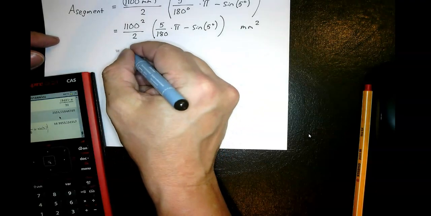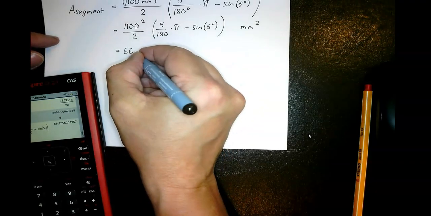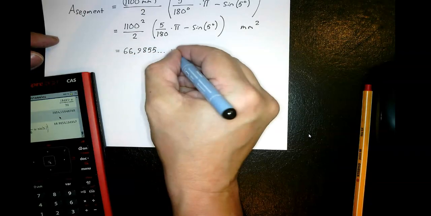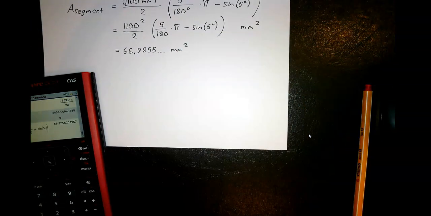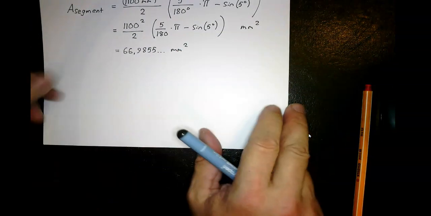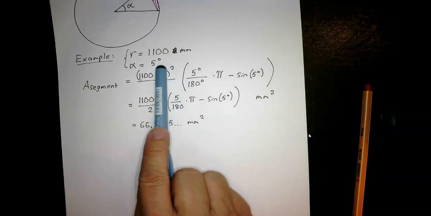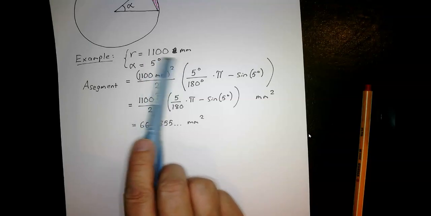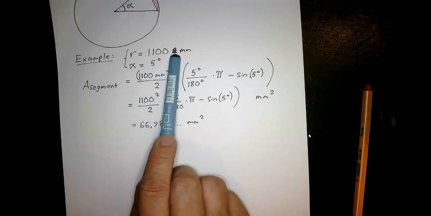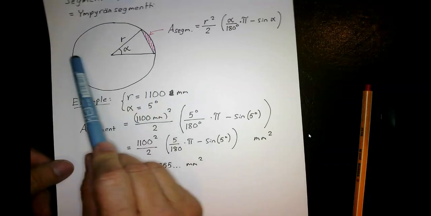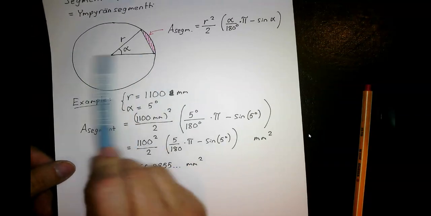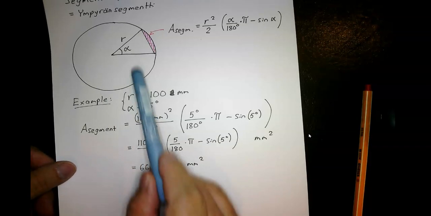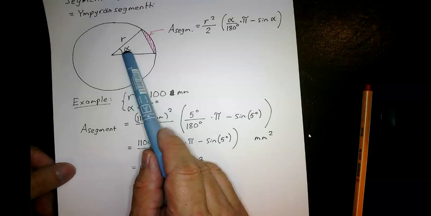So in this case, we have quite a small area, because it was a circle which has a radius of about 1 meter. So the diameter was about 2 meters, but the angle was so small, it was only 5 degrees of this sector.